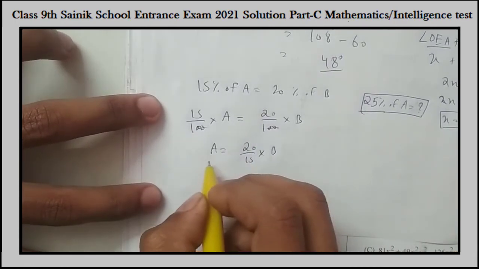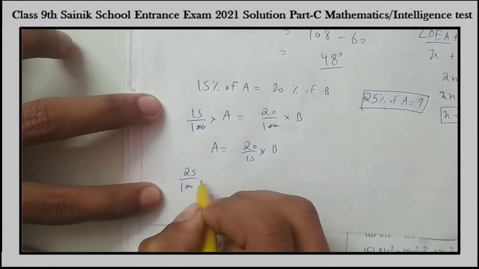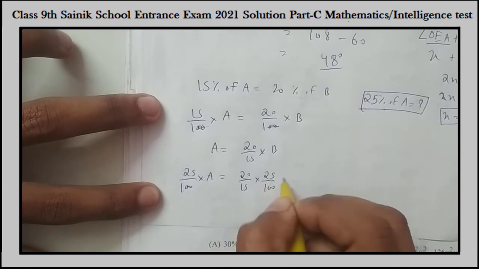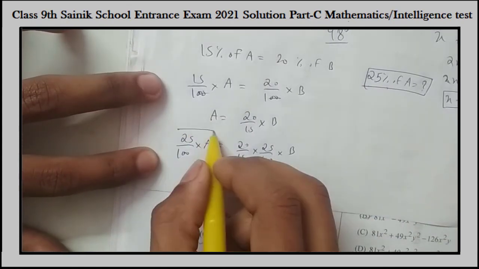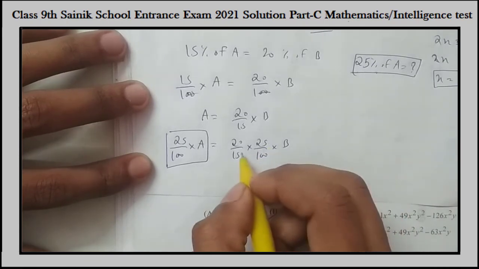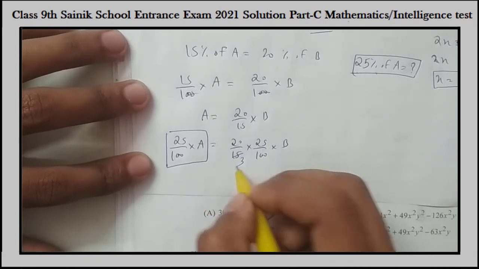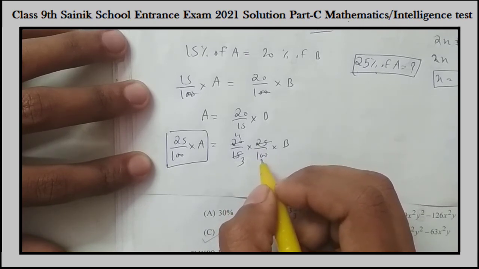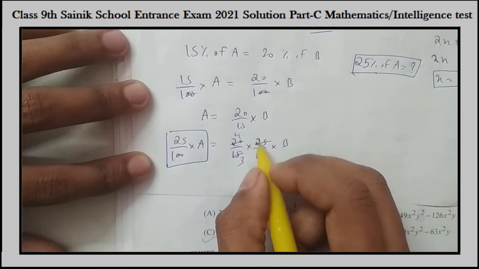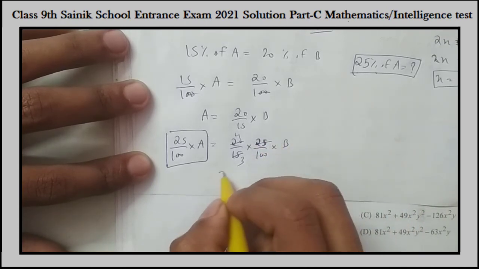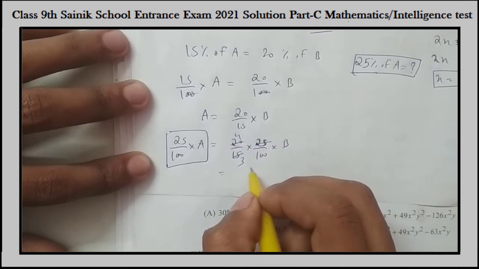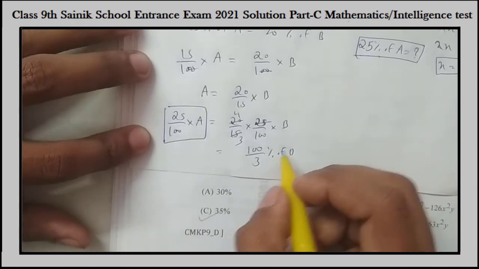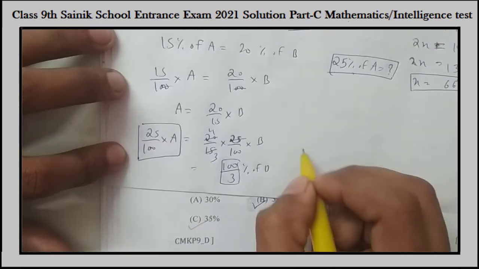We have to find 25% of A, which means 25 upon 100 multiplied by A is equal to 20 upon 15 multiplied by 25 upon 100 multiplied by B. So this is the 25% of A. Now calculate here. 5 3 is 15, 5 4 is 20.